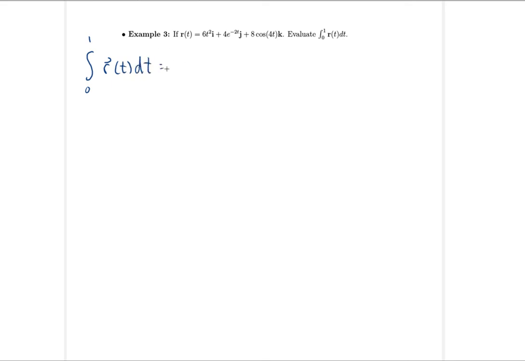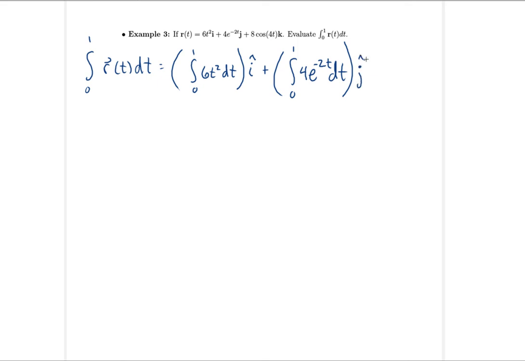So that last page basically just gave us permission to do this. We're going to take the integral from 0 to 1 of 6t squared dt, and that's going to be our x component, or the i, plus the integral from 0 to 1 of 4e to the negative 2t dt, and that's my j component, plus the integral from 0 to 1 of 8 cosine of 4t dt, and there's my k component.